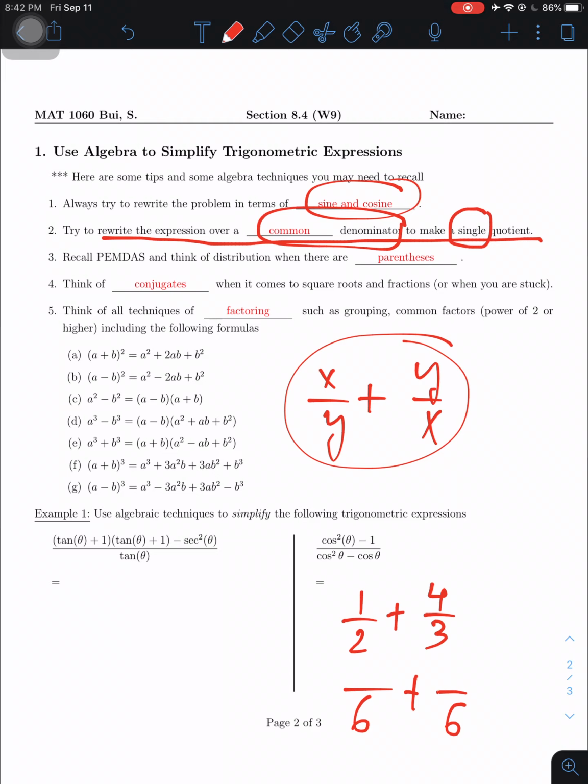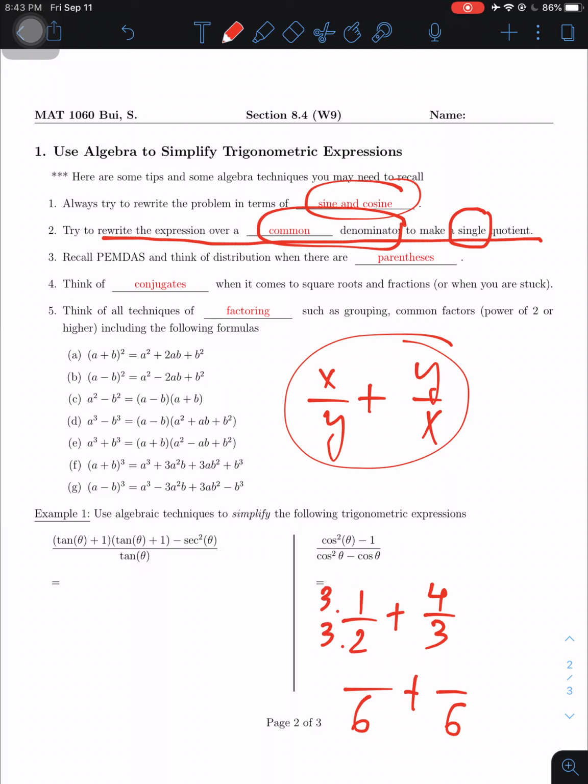So make sure you ask me if you're confused about this part, or you can look up common denominator, and then I will give you a bunch of worksheets to do, information to look at, and things to know, okay? And of course you can reach out to me if you don't know what common denominators are, okay?